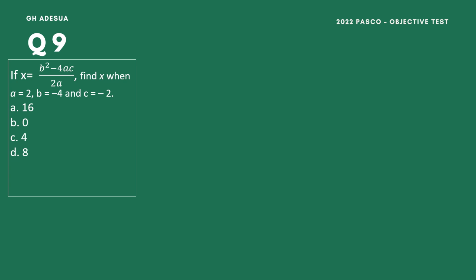So in here we know that x is b squared minus 4ac all over 2a. And the values are a is 2, b is negative 4, and c is negative 2.